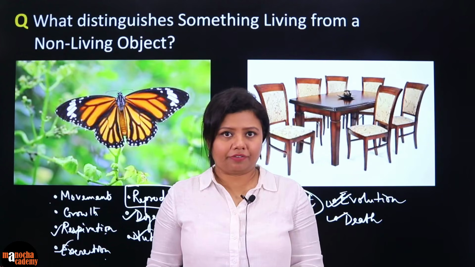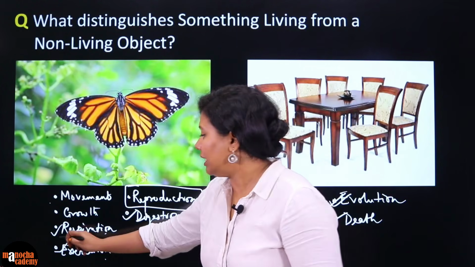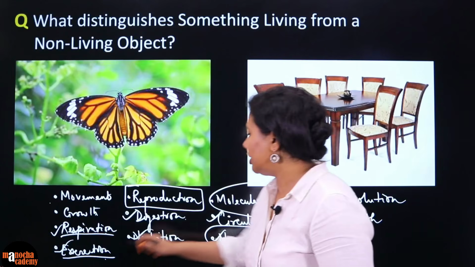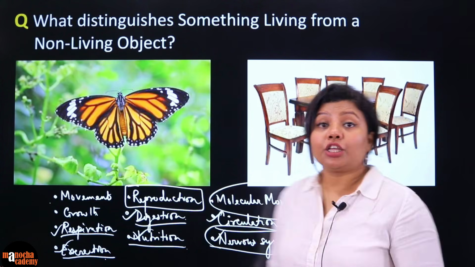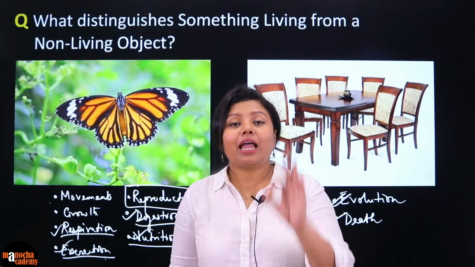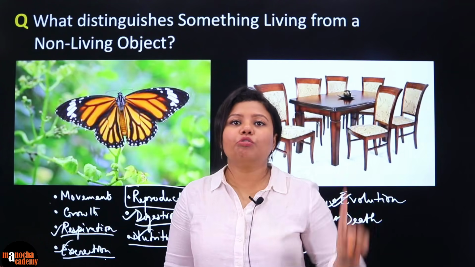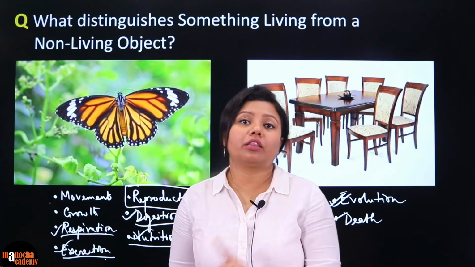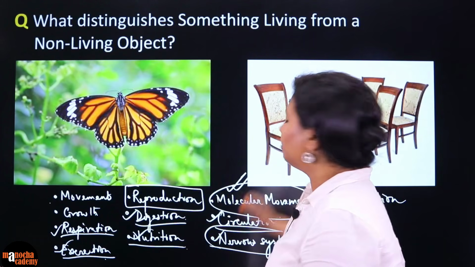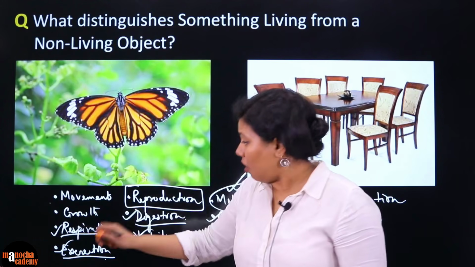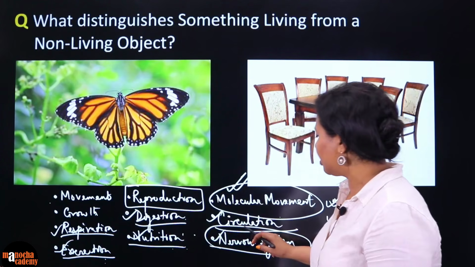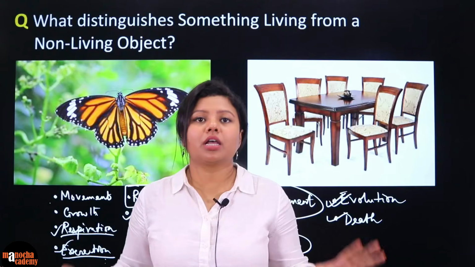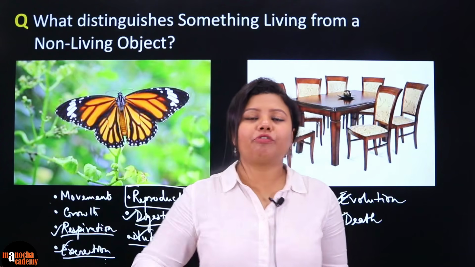If you are alive, that is, you are carrying out these: respiration, excretion, digestion, nutrition, circulation. You are basically allowing molecules to move from one part of your body to the other, which is known as molecular movement. And all these processes, respiration, excretion, digestion, nutrition, circulation, require molecules to move from one place to another.